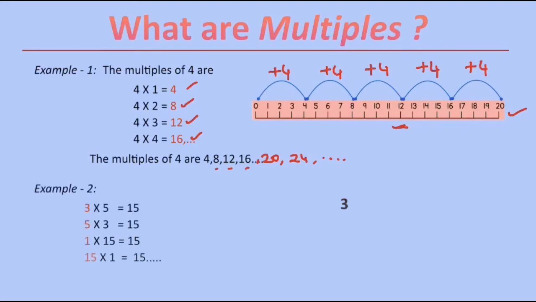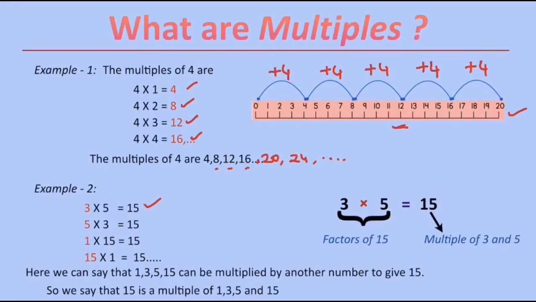In this example, here you are seeing 3 into 5 is 15. So, 15 is a multiple of 3 and 5. And 3 and 5 are the factors of 15.